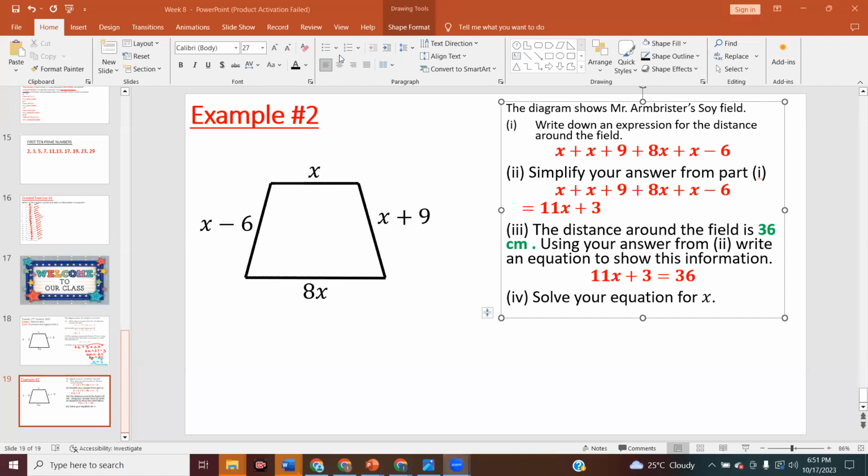Put your answer inside the chat. Please solve your equation for x. Waterfall, you said 11 equals 3? I made a mistake. Sorry. Okay. So we're going to solve our equation for x.